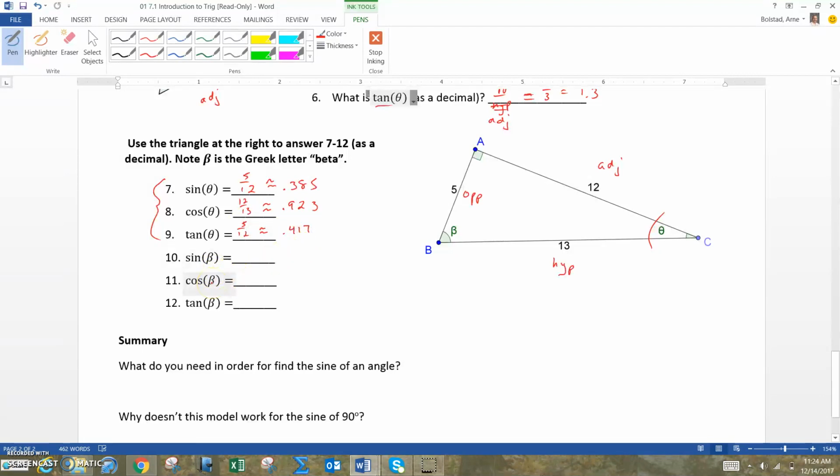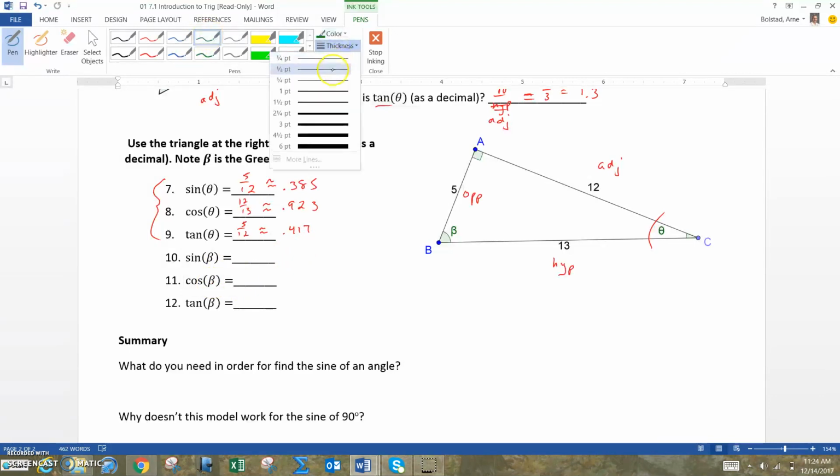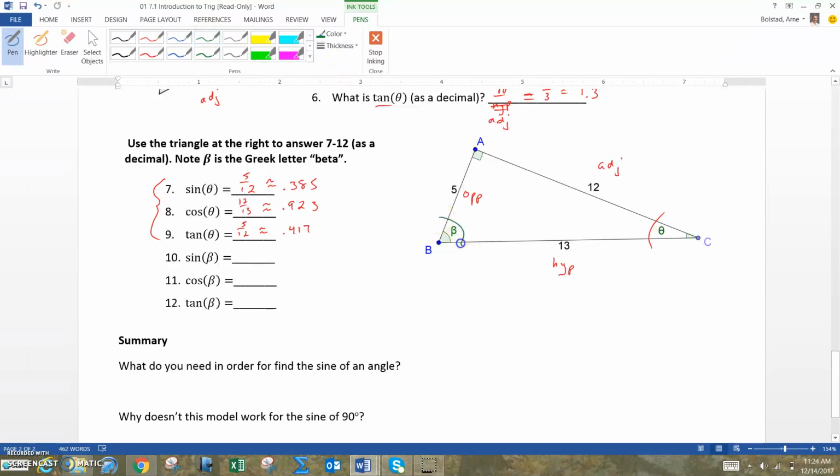From beta, you have a couple options here. You could just change colors, which I think is what I'll do. Now this side over here, the 12, is no longer the adjacent, it's the opposite, because I'm looking at the triangle from beta. The hypotenuse does not change, because it's always opposite the right angle, but the opposite side will have to change to being the adjacent side, because I'm now looking at angle beta, not angle theta.